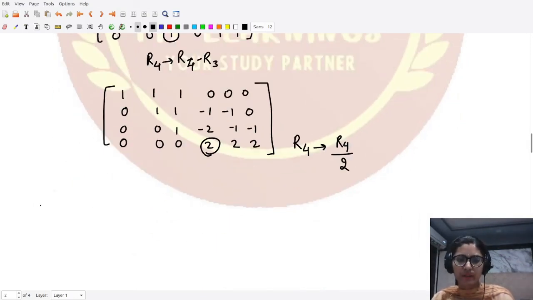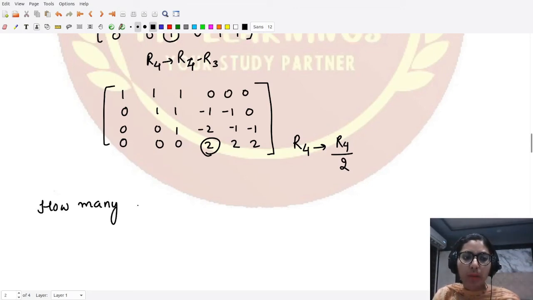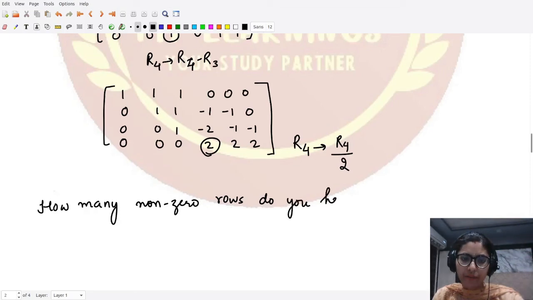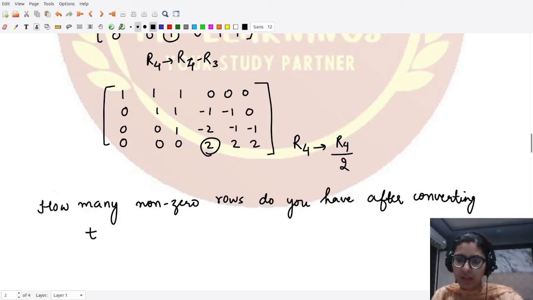Here you have to answer how many non-zero rows you have after converting your matrix to the echelon form.